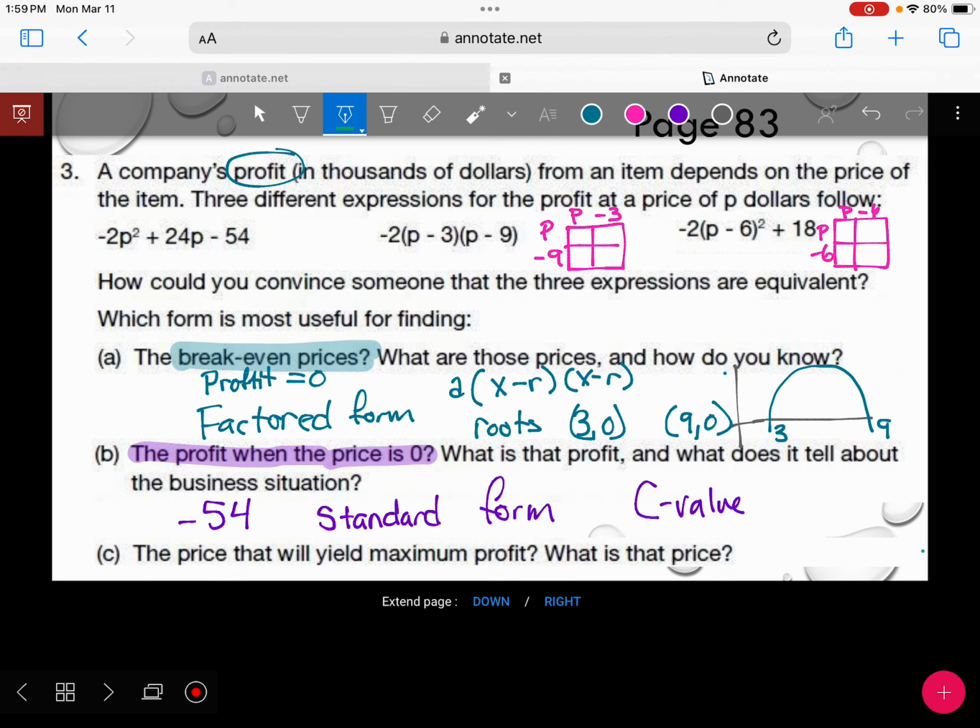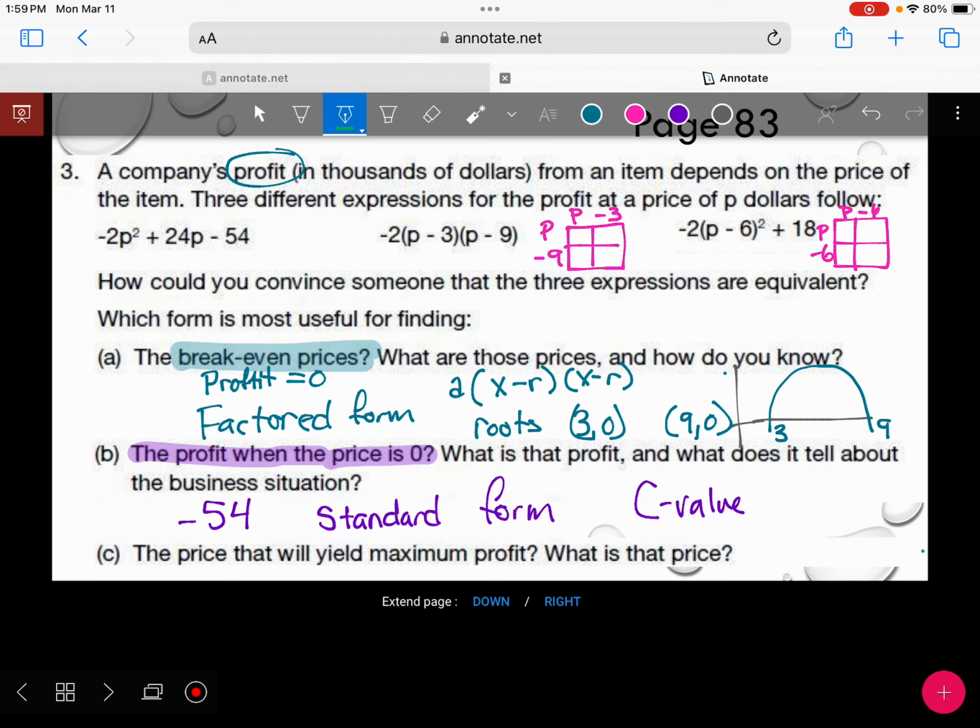Where are we going to find our maximum profit? At our vertex. So this is going to be our maximum profit.